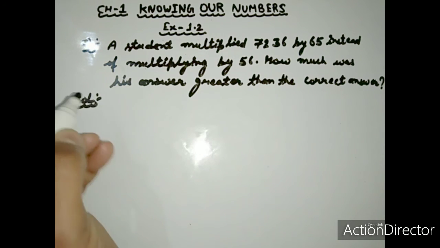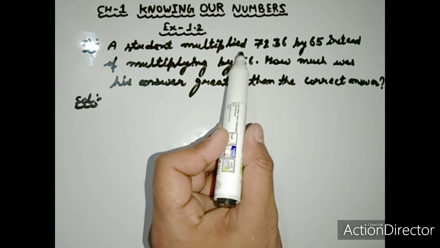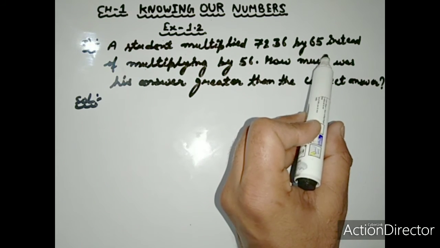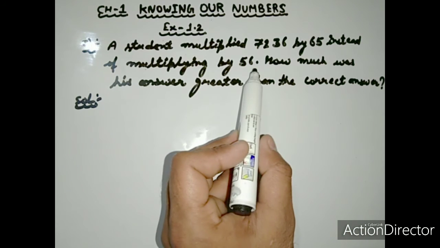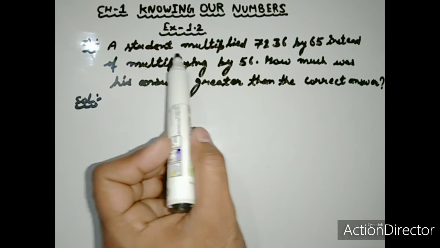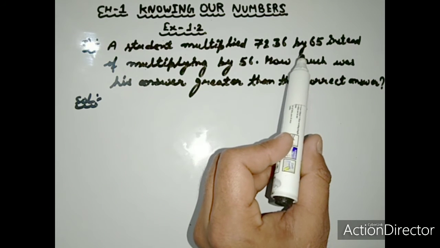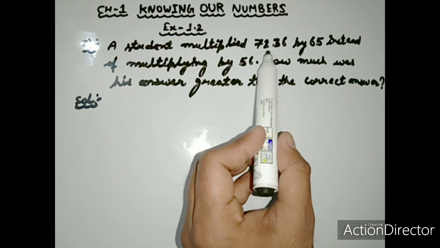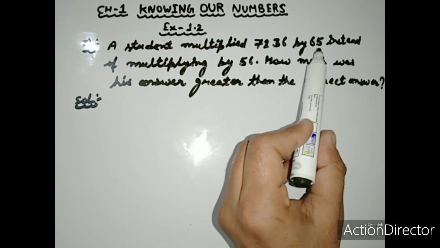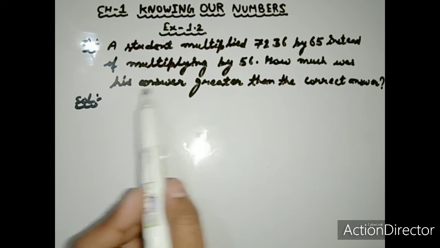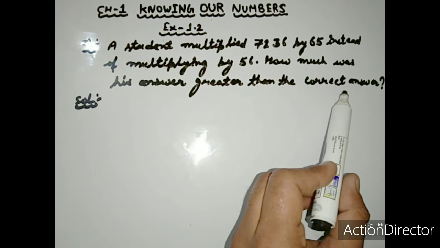So here the question is, a student multiplied 7236 by 65 instead of multiplying by 56. So here the student get two answers, like the correct answer and the wrong answer, because first you multiply 7236 by 65, and here we also find how much was his answer greater than the correct answer.